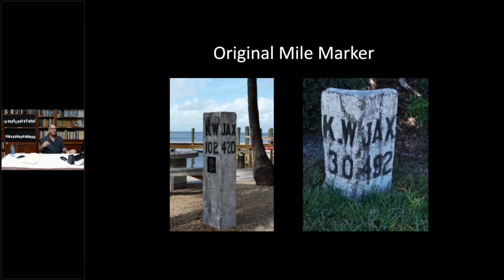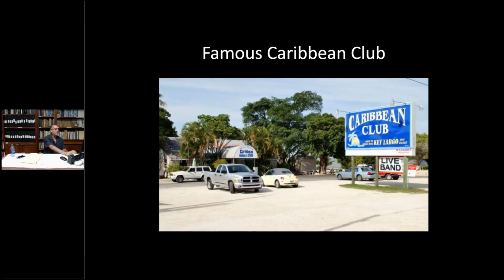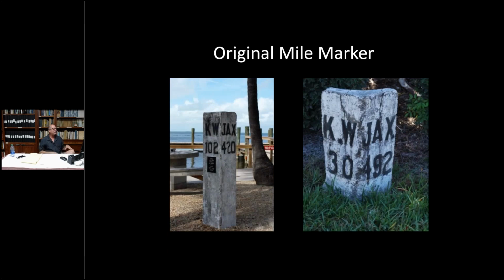Before I get into this one real quick slide, what's really cool behind the Caribbean Club today, back by the Bayside, is this image on the left where it says Key West 102, Jack's 420. That's an original Henry Flagler Overseas Railroad mile marker, and it looks a little different than they do today. Every mile marker in those days marked two distances, one from that point to Key West, and one from that point to Jacksonville.